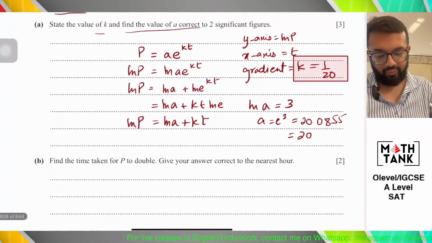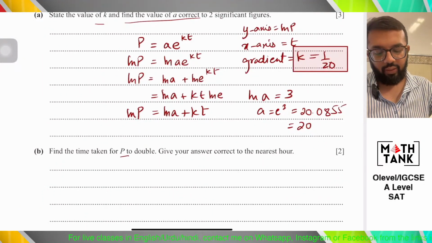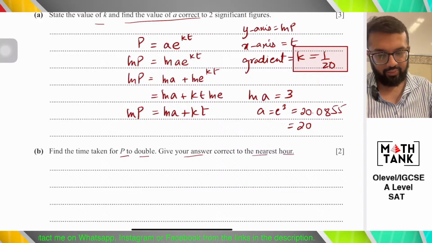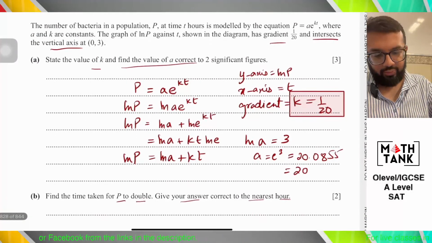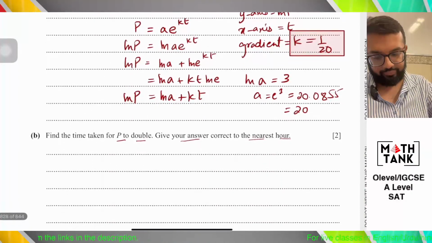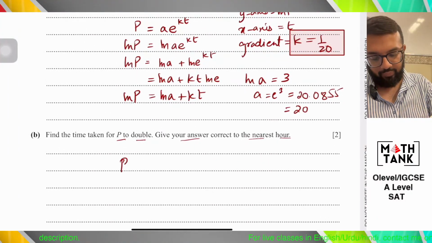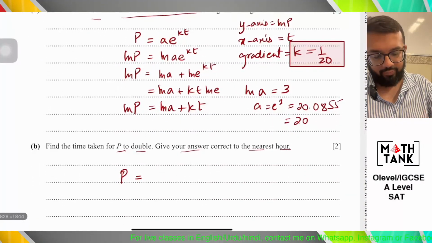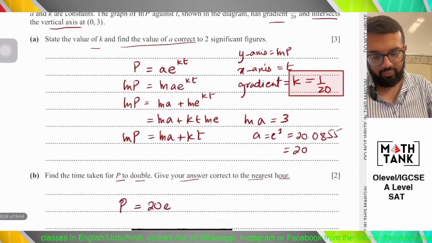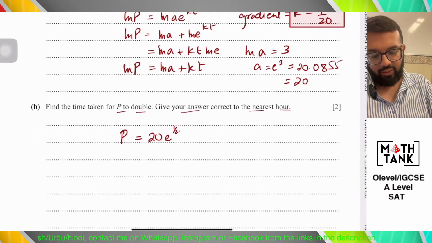Find the time taken for P to double, giving your answer to the nearest hour. Okay, so I have 20 e power 1 over 20.